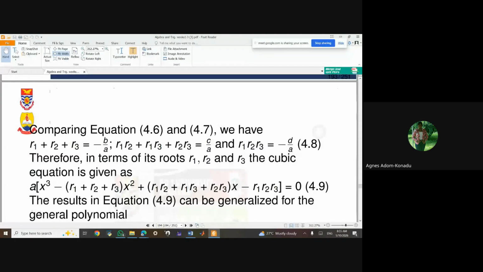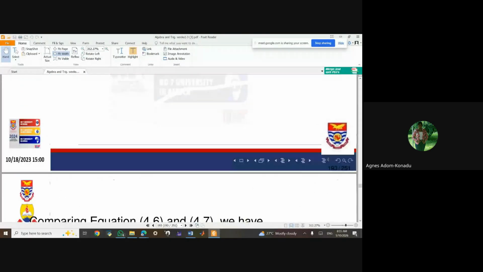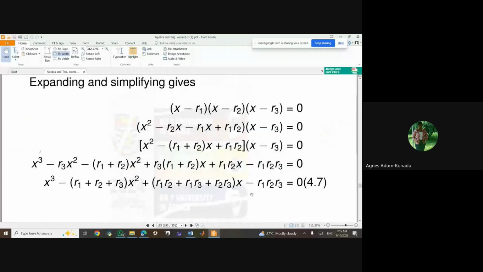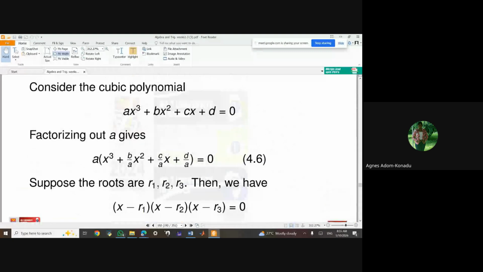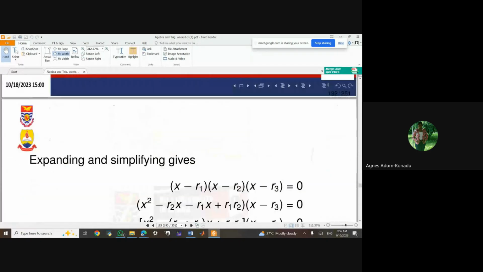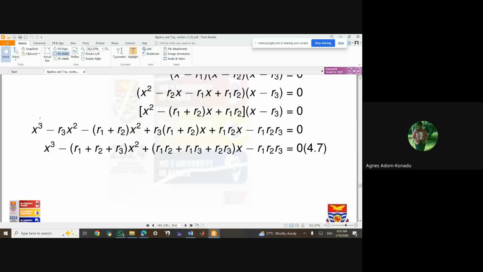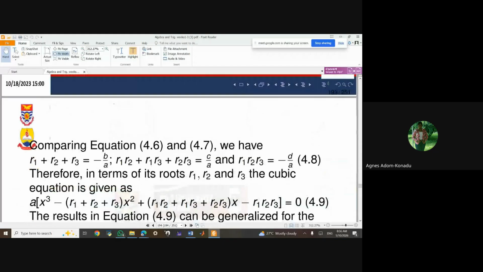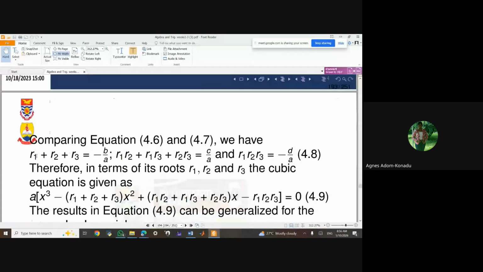So when I compare this to what I have here, it means that my b over a is the sum. So r1 plus r2 plus r3 is equal to minus b over a.